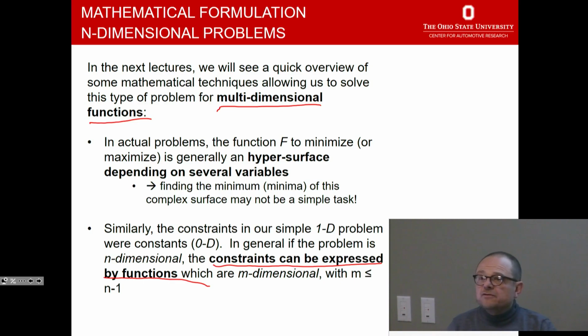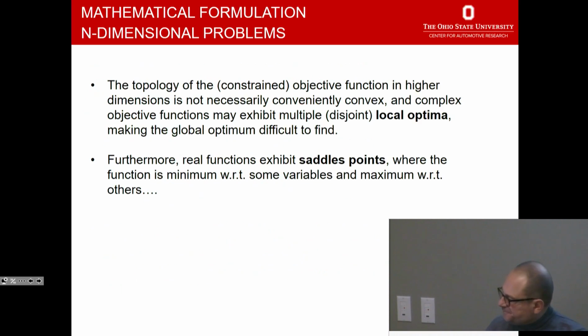I don't care how good the fuel economy is because it won't work economically. Well, I have just turned a 6-dimensional problem into a 4-dimensional problem. So that is another important thing to consider.